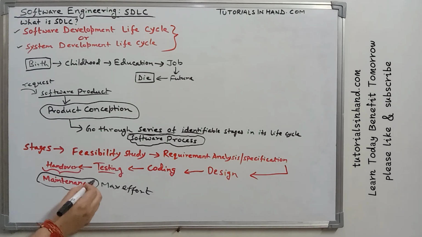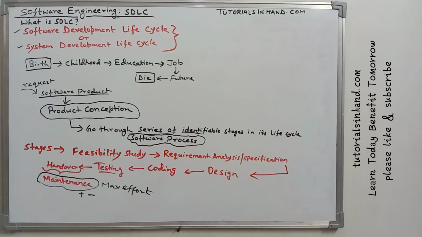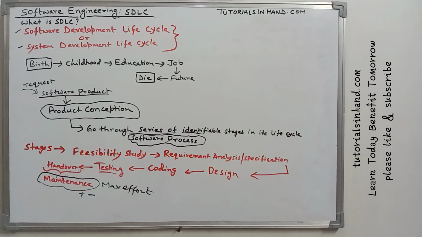So this comes in the maintenance phase, right? And it requires around 75% of the effort, or you can say 60 to 75% of the effort, depending on the situation. And after that, the maximum effort is needed in the testing phase. And then design also requires a considerable amount.